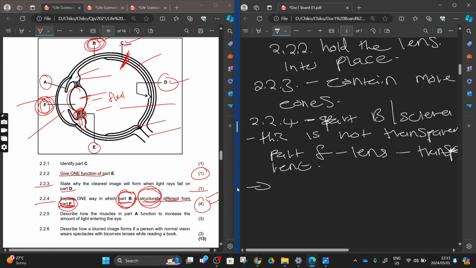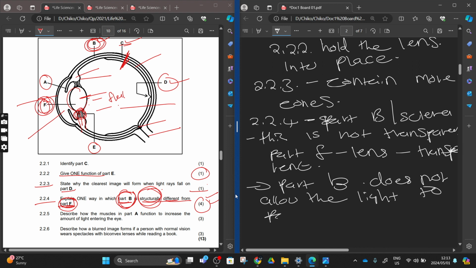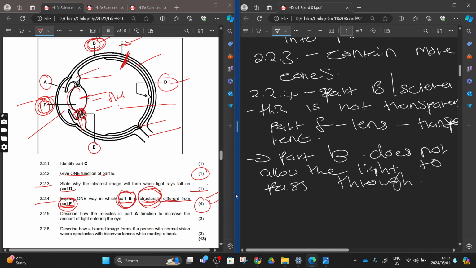And then another one: you are going to say part B does not allow the light to pass through. Although it might look like the same answer, because if something is not transparent, that means it cannot allow light to pass through, you can also say part F allows the light to pass through. But let me not repeat myself.